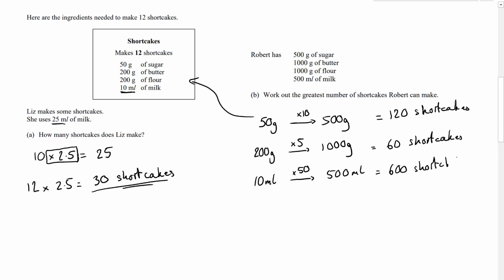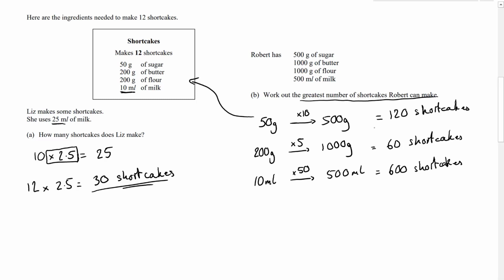Now we're looking for the greatest number of shortcakes that Robert can make. And what we would instantly assume is that this would have to be 600 shortcakes, since this is the biggest number that we have, and so that has to be the greatest number of shortcakes that we can make.